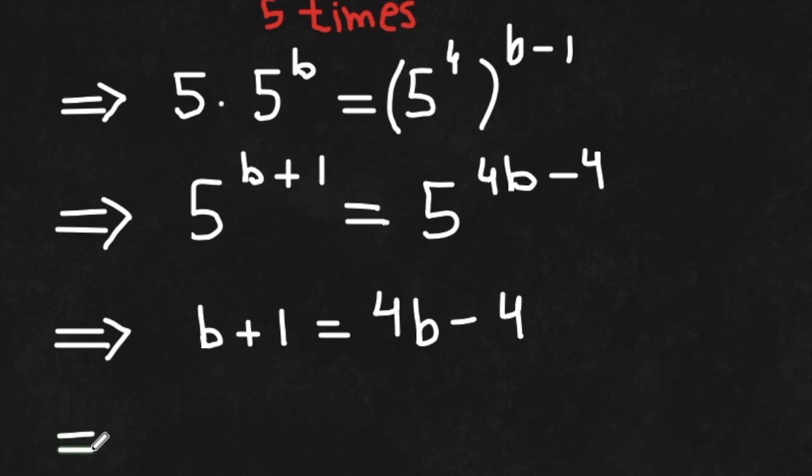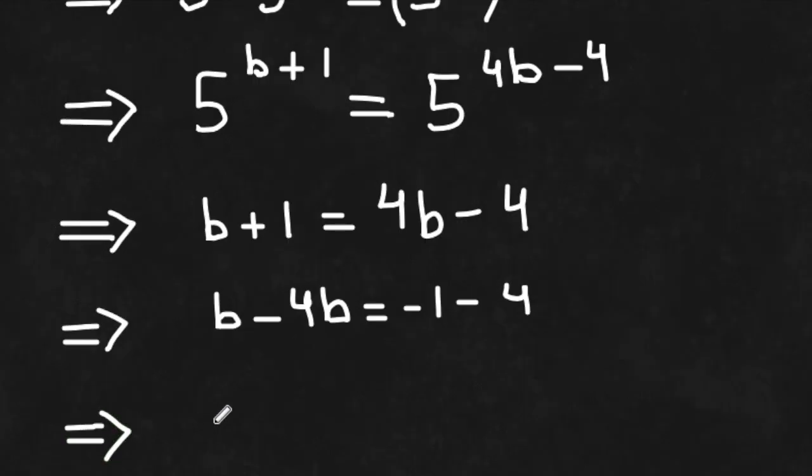Now it is just a linear equation, and we have to solve this equation by shifting 4b towards the left hand side. So we have b minus 4b, and plus 1 to the right hand side, we get minus 1 minus 4. This has become minus 3b, and minus 1 minus 4 is minus 5.